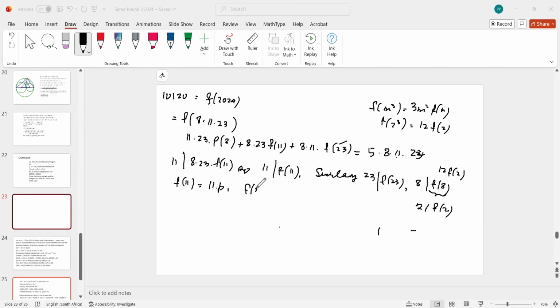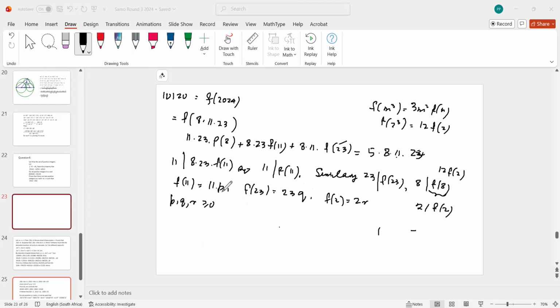F of 23 is equal to 23q, and f of 2 is equal to 2r. Because all these p, q, and r are all numbers which are greater or equal to 0. P, Q, R are all greater or equal to 0 because the outputs are all the positive numbers including 0.